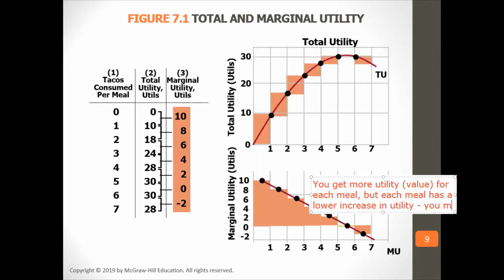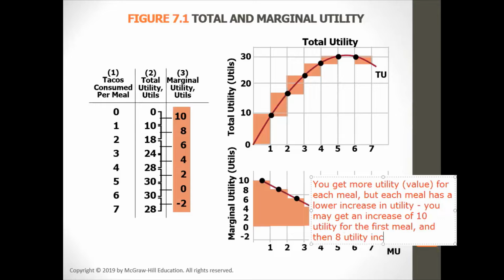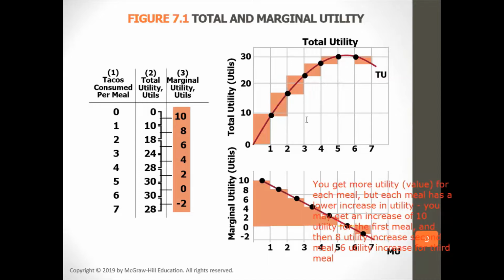So you may get an increase of 10 utility for the first meal, then 8 utility increase for the second meal, then 6 utility increase for the third meal. So you're gaining less, you're not gaining as much for each.